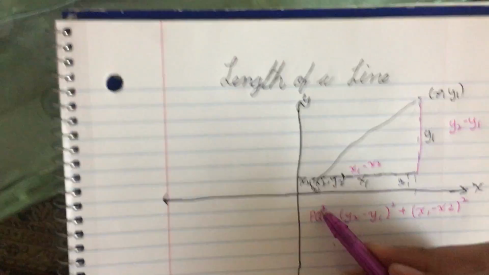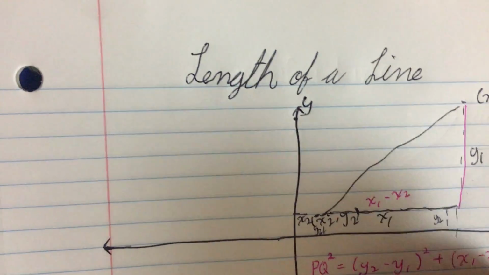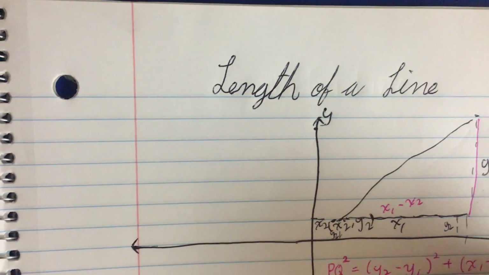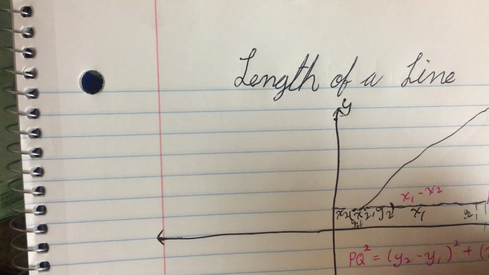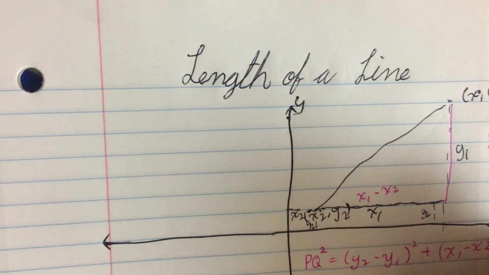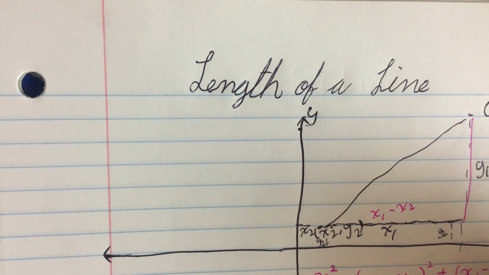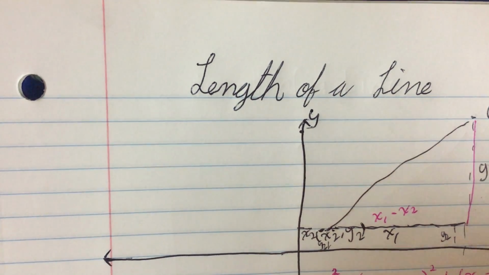Now, if we want to remove this square, PQ is equal to the square root of y2 minus y1 whole squared plus x1 minus x2 whole squared.